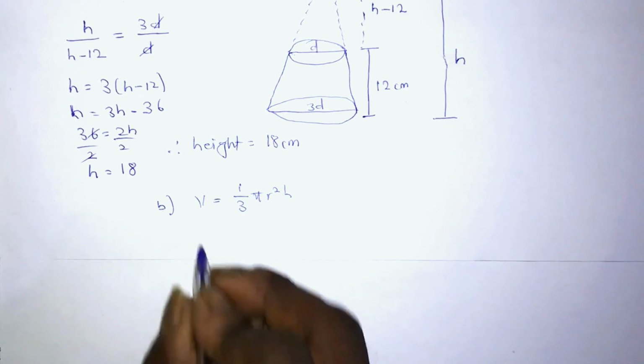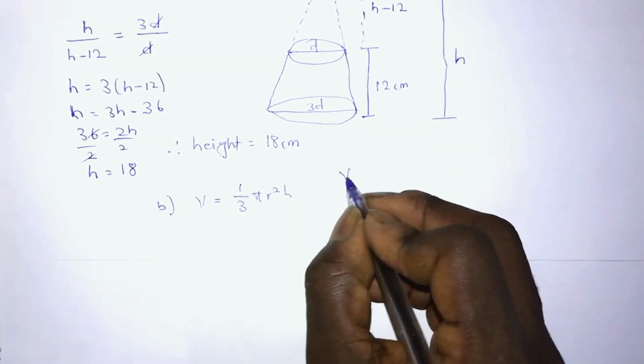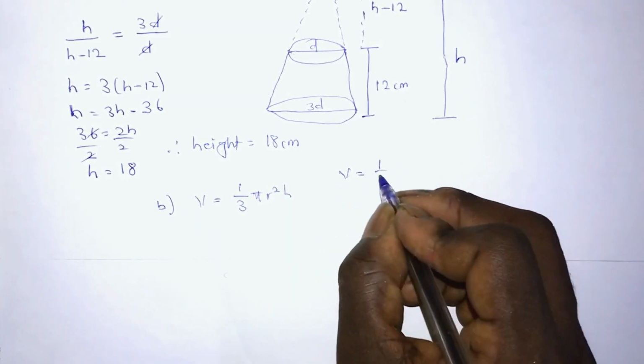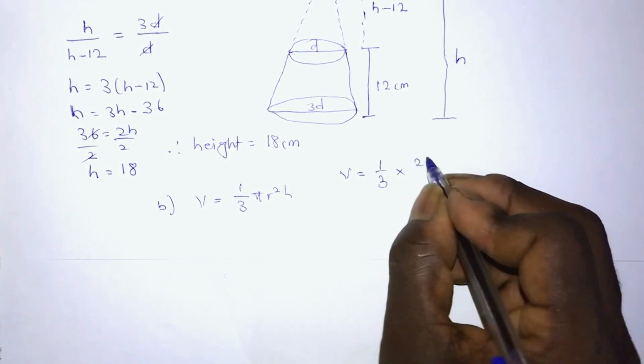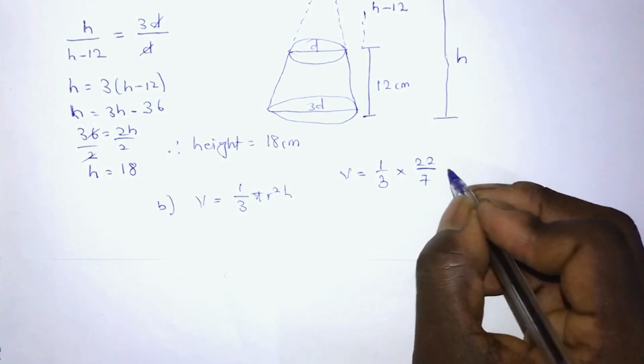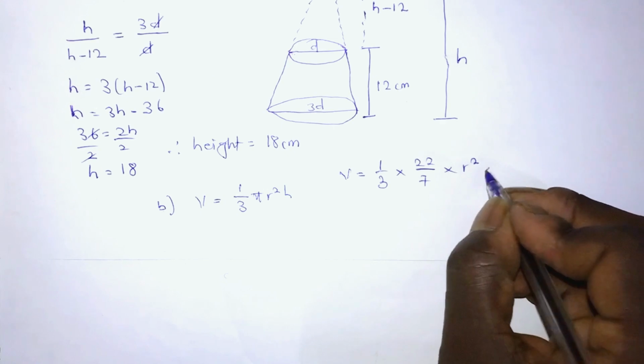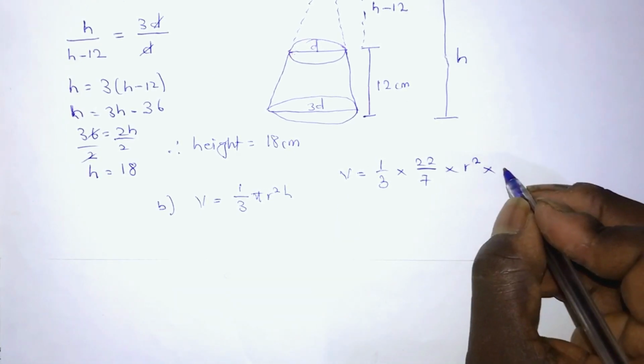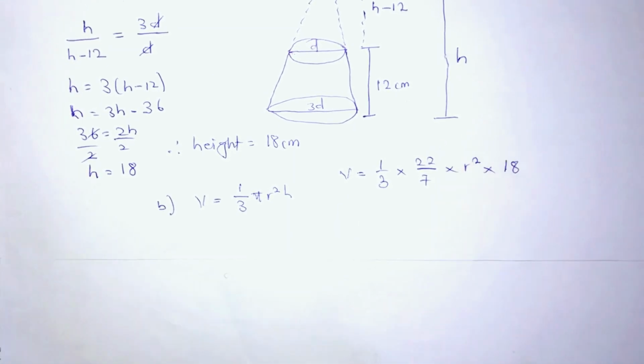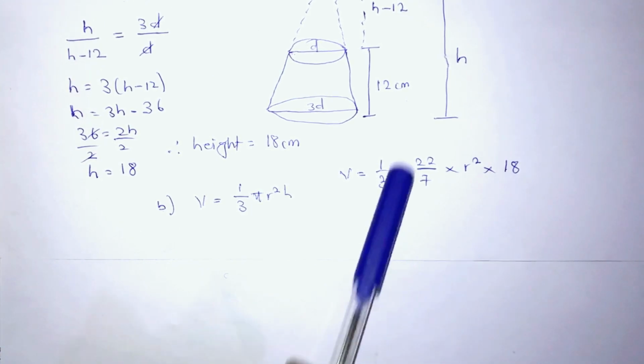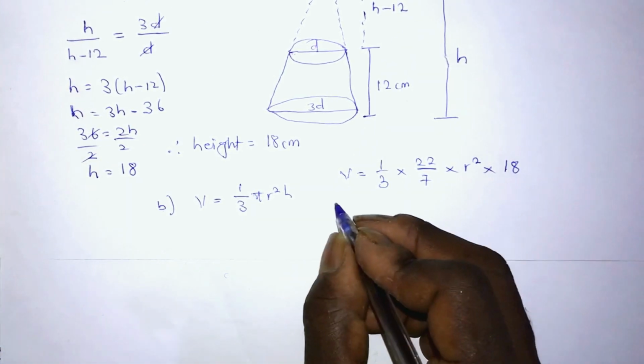So we are going to get V to be equal to 1 over 3 times 22 over 7 times the radius squared times the height, which we just found to be 18. Now the volume itself was given in the question as 39,600.